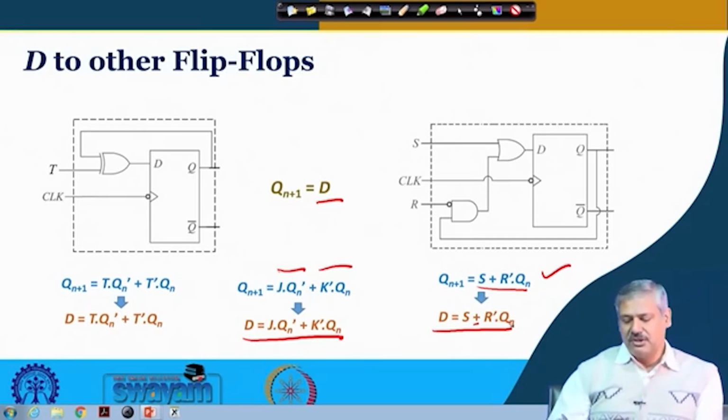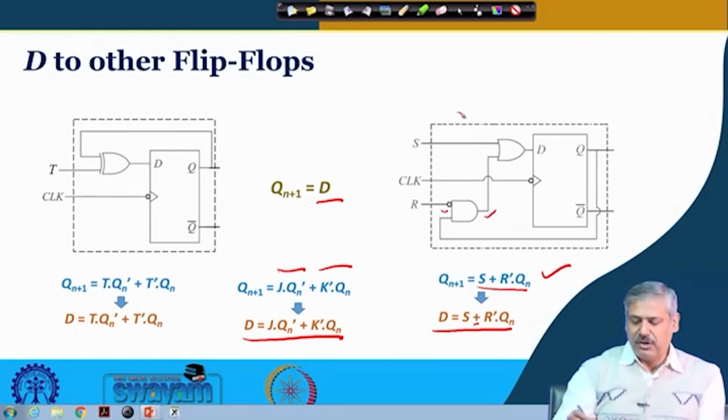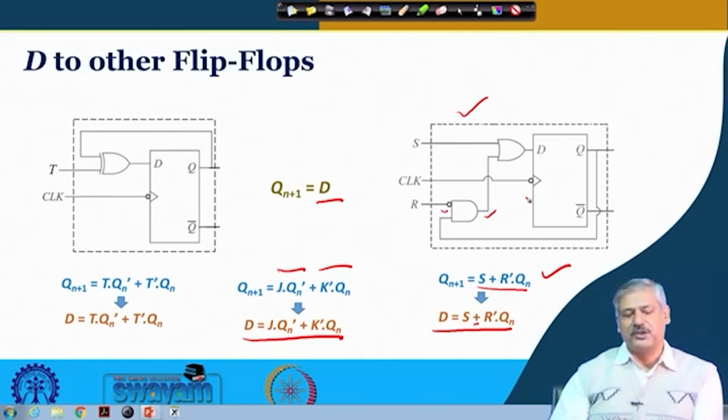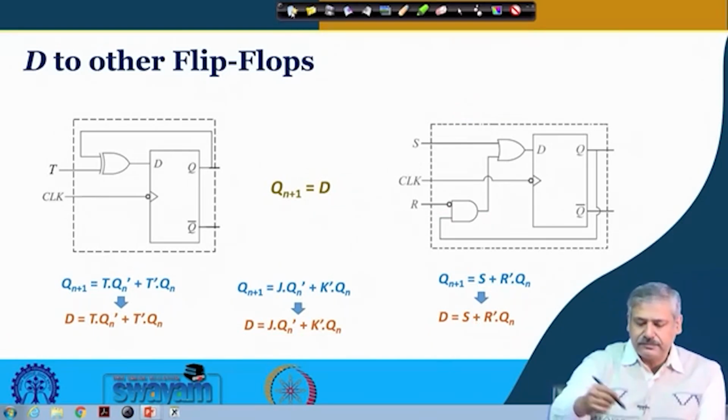The circuit will be: S goes here, it is ORed with R, there is an inverter, a NOT gate, and Q n is coming from here, and this is ANDed and together it goes here. So, this entire block can replace the SR flip-flop wherever it is required in your circuit. Okay, is it clear?